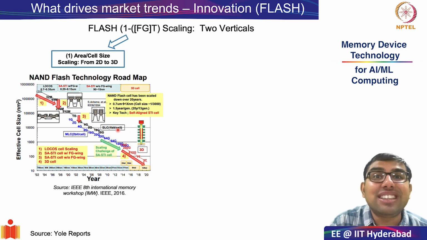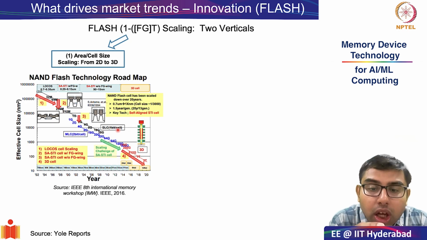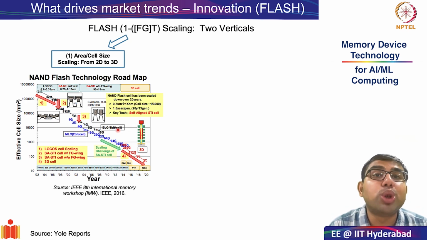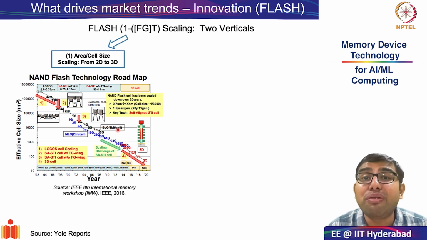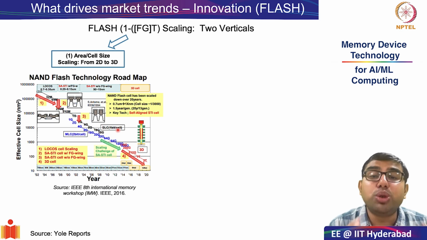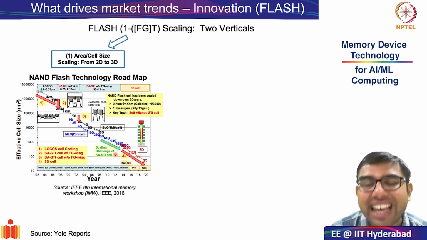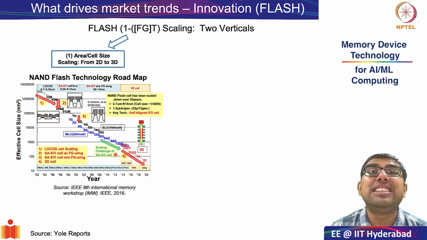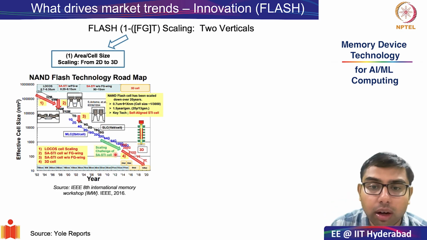When you scale down your transistor, the number of charges you can store in that small footprint also reduces, and soon you were only dealing with a few tens or hundreds of electrons in an individual cell. That creates a lot of reliability issues, and that is why people realized it is no longer feasible to scale the 2D NAND flash transistor.